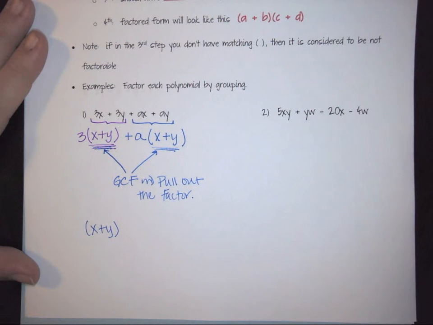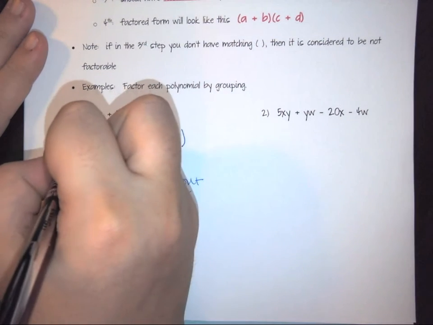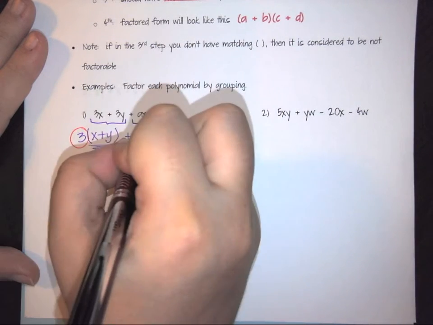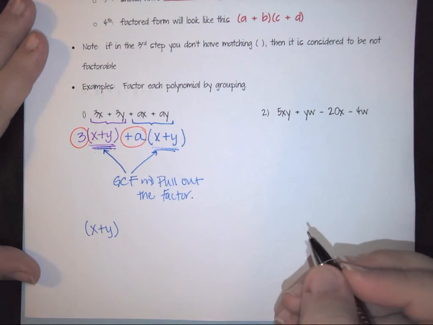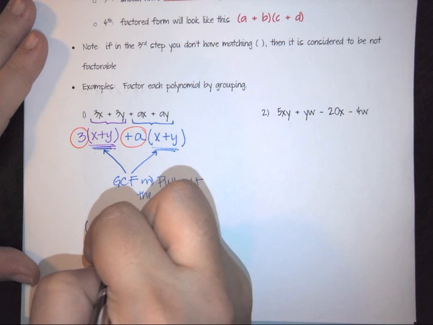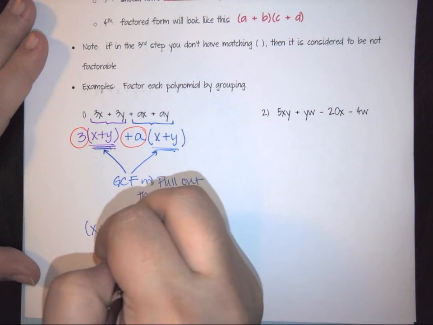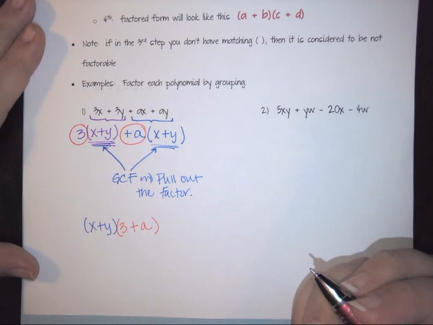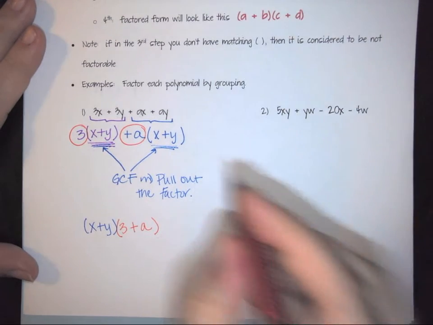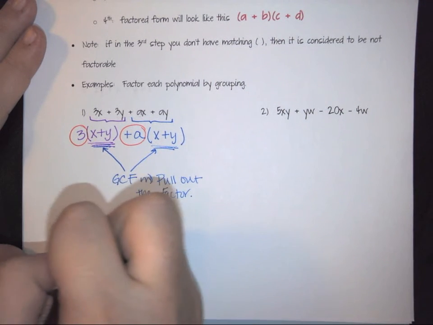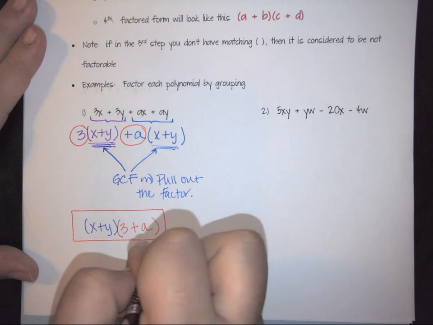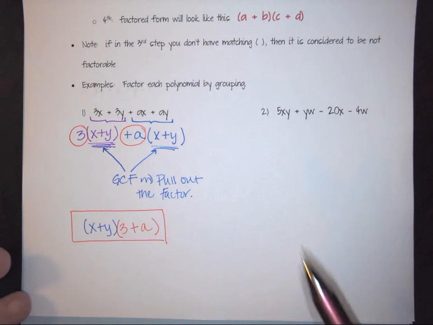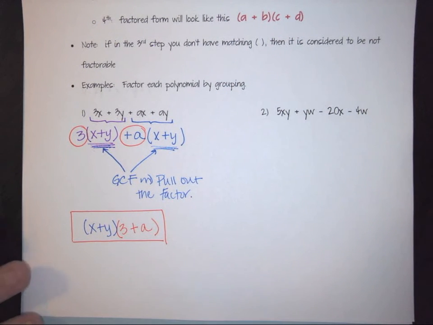And then what's left is I have this 3 on the outside and I have this plus a. So basically I have my leftovers, 3 plus a. And that's all there is to it. So this right here would be my factors using the grouping method.